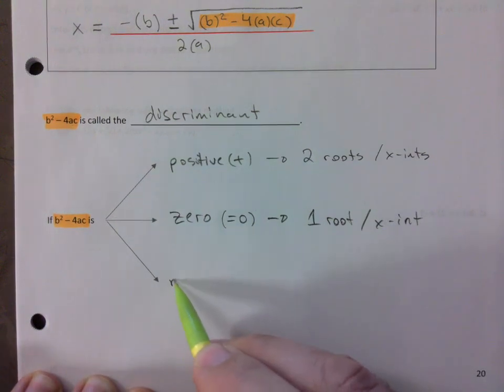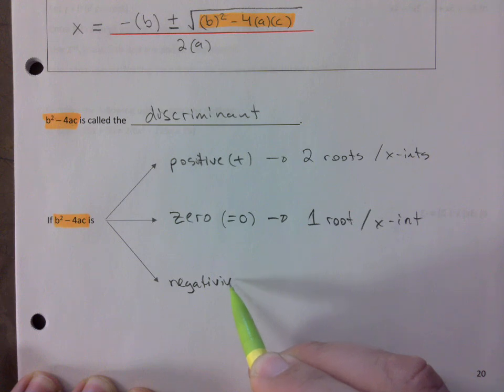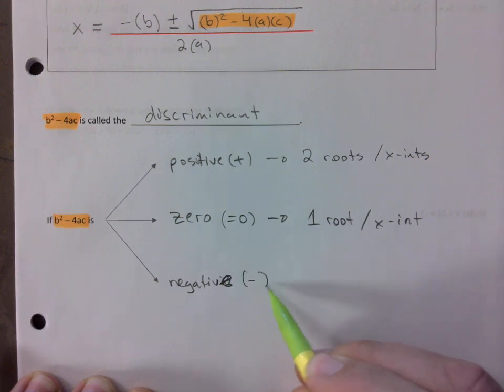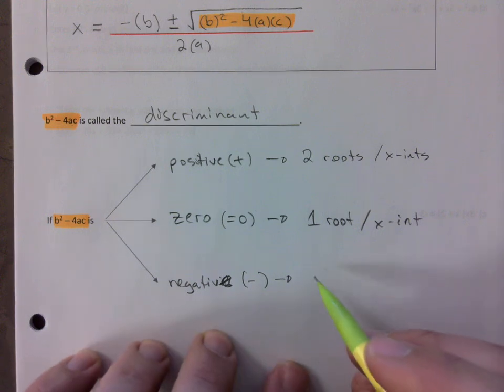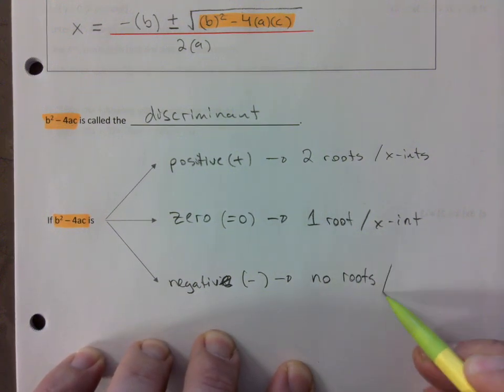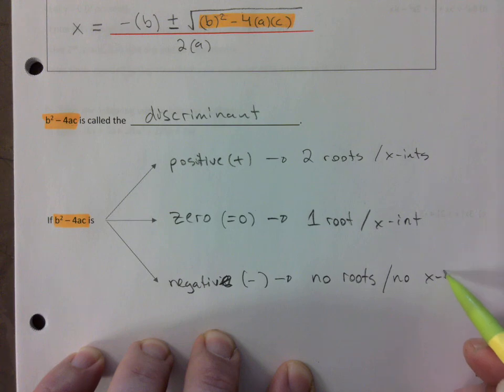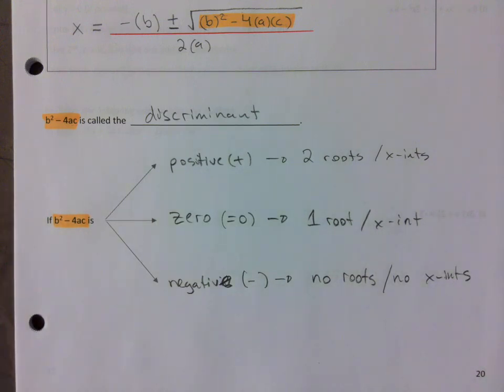If it is negative, how many roots do you think? No roots, no x-intercepts, because you can't take the square root of a negative.